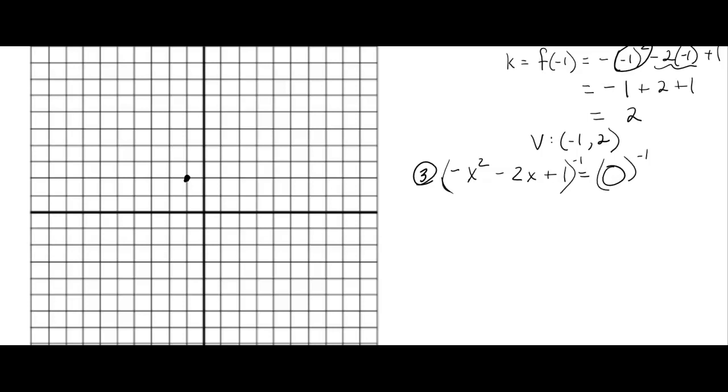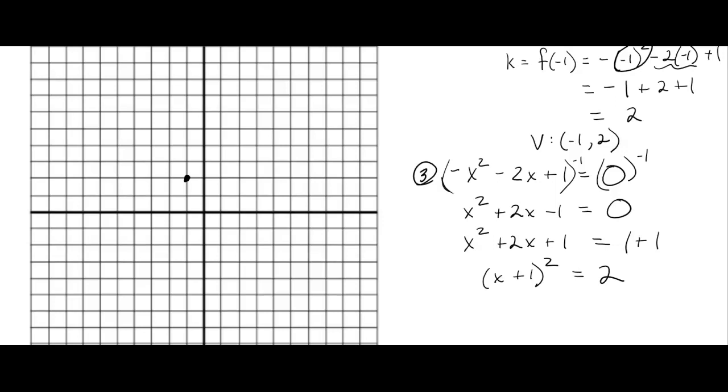If you want to see the quadratic formula, it's in the textbook. So, but if I multiply by a -1, and then I put 1 on the other side, the -1, it'll be a +1 over here. And then I complete the square. So half of 2 is 1, 1 squared is 1. I get that. And then I have x plus 1 squared equals 2. Well, I can take the square root of both sides.